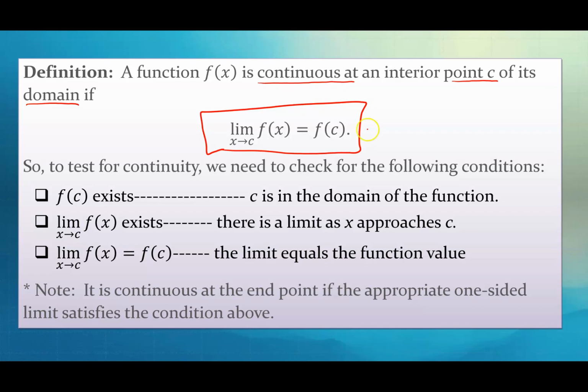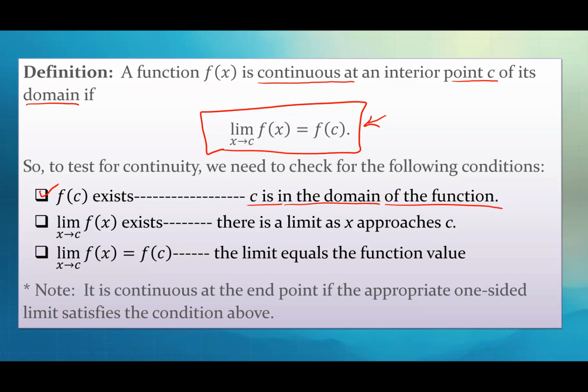So this is a very loaded equation. That equation translates to these criteria needing to happen. One is that you must have a function value at c. Okay, meaning c must be in the domain of the function.